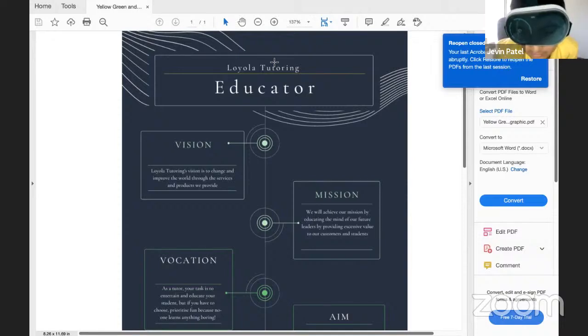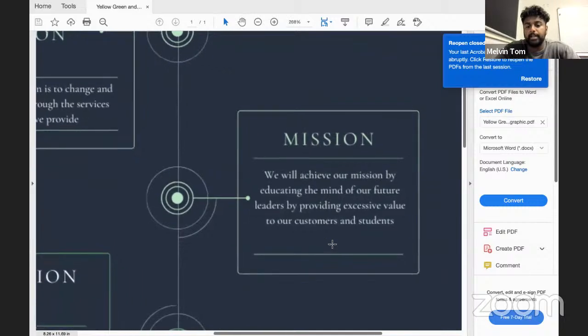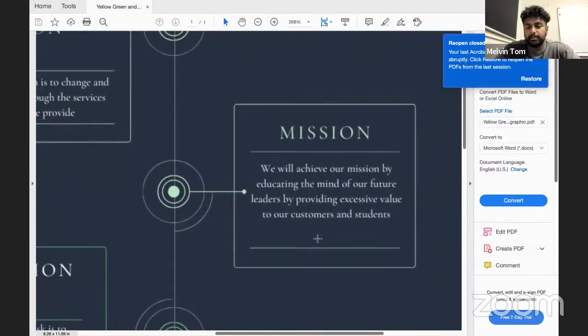Basically what I tell them is I sit them down and I ask them, all right, Jevin, what is the mission of Loyola Tutoring? And then Jevin would say, well, our mission is to educate the mind of future leaders by providing excessive value to our customers and students. That's our mission. And then I'll say, Jevin, in the past term, you didn't show up to class on time.